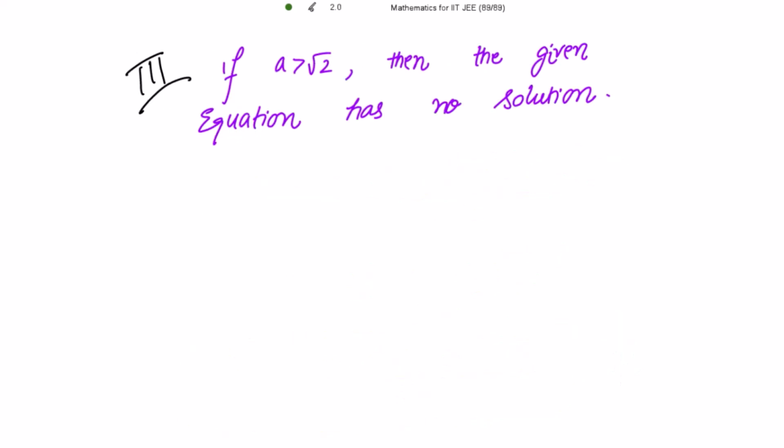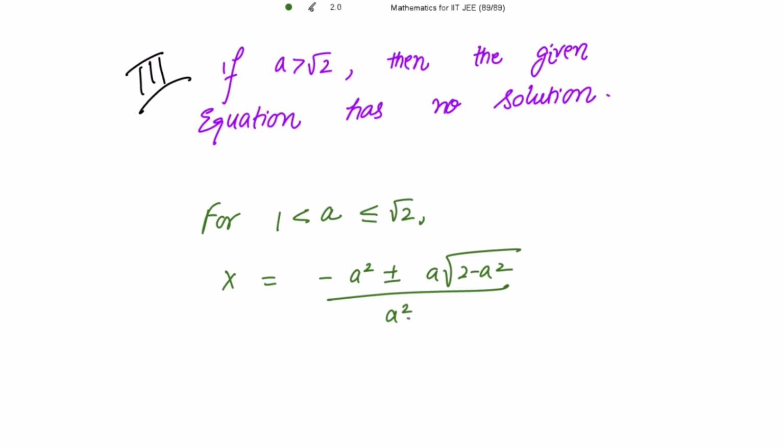So the valid condition is for a greater than 1 and less than or equal to square root 2, we have the value of x as negative a square plus minus a square root of 2 minus a square divided by a square minus 1, right? And for this condition, I'm having y equal to negative 1.